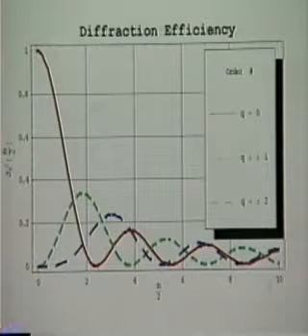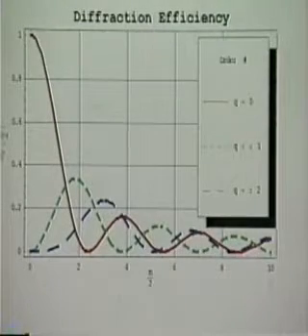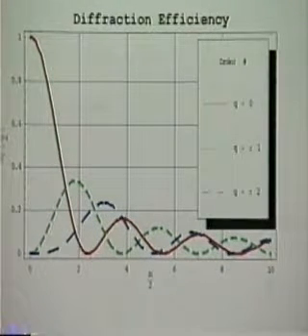Any questions on that? Well, I thought that was again a kind of interesting thing, the difference between the sinusoidal amplitude and the sinusoidal phase. And the fact that you can get zero order to vanish by the right value of m over 2.